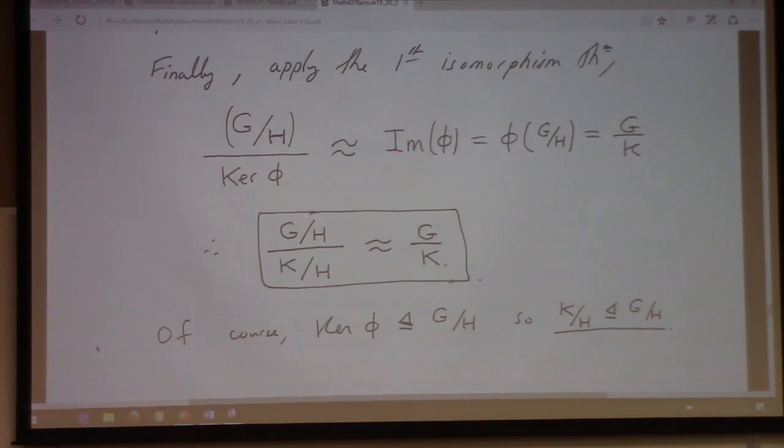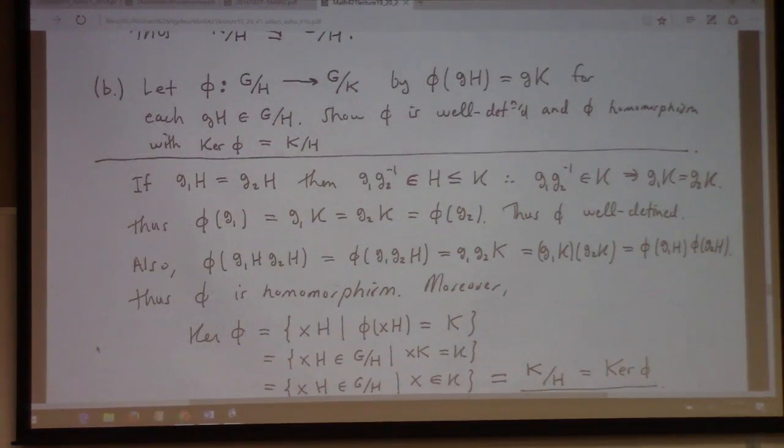Yes, Bradley. And then you said that implied that both were elements of H. How do we get to that? I began by supposing that G1H was equal to G2H. So that means that G2 inverse times G1 has to be an element of H. Right, but then you get that each individual.